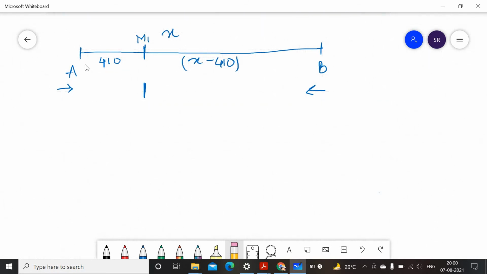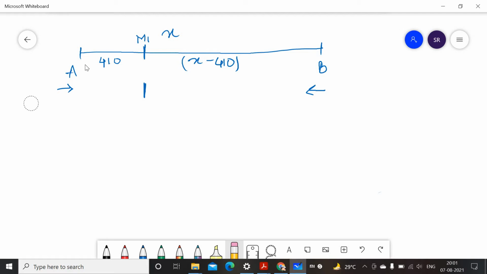So here from the first statement itself, what can we infer what is constant? See, distance is this, A traveled 410 meter while B traveled x minus 410 meters. So distance cannot be constant. This is certain. Then what can be constant? Can speed be constant? No, it has not been mentioned anywhere that speed is constant.